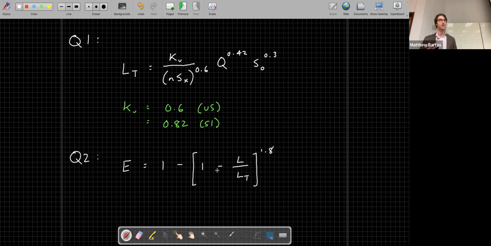Again, these are empirical equations. There's not necessarily a rhyme or reason for why they appear the way they do, but these are the equations you will use in practice as a stormwater engineer for designing curb inlets.